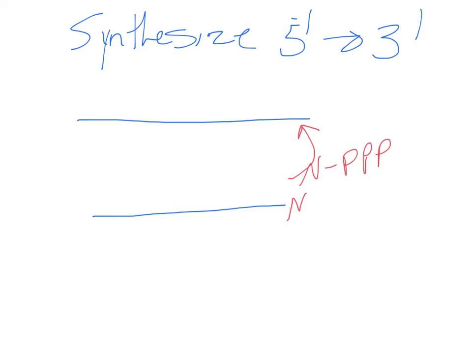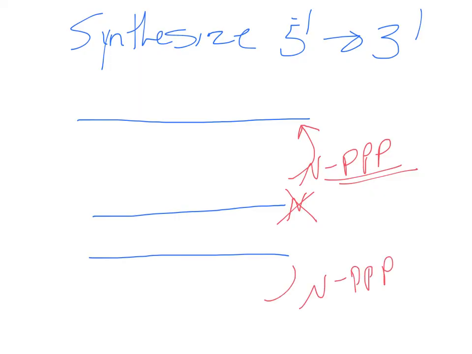But because the energy was here, if something happens, remember the energy is not in the strand. So if this was the wrong nucleotide and you took it off, you are still left with the same strand, and you can have a new nucleotide with the energy add right on. This is why synthesis in the 5' to 3' direction occurs.